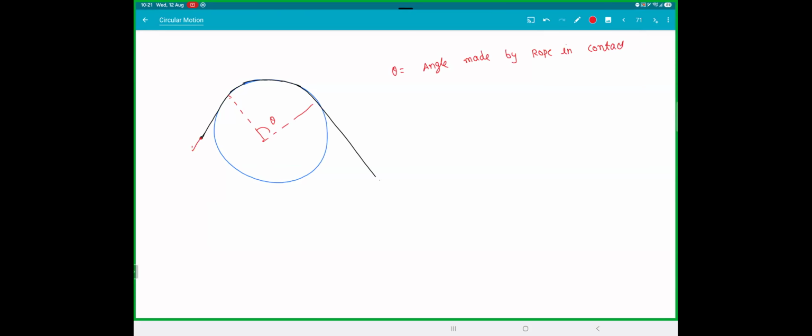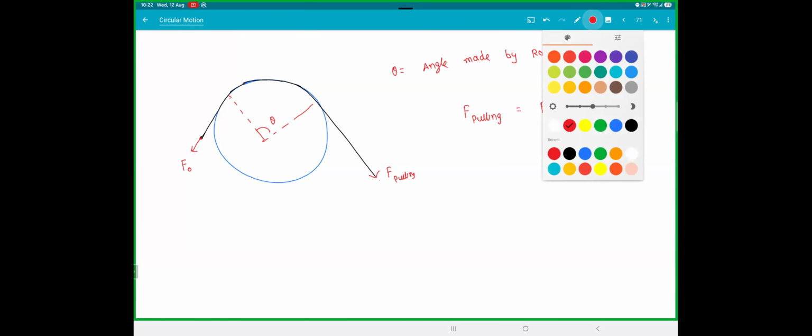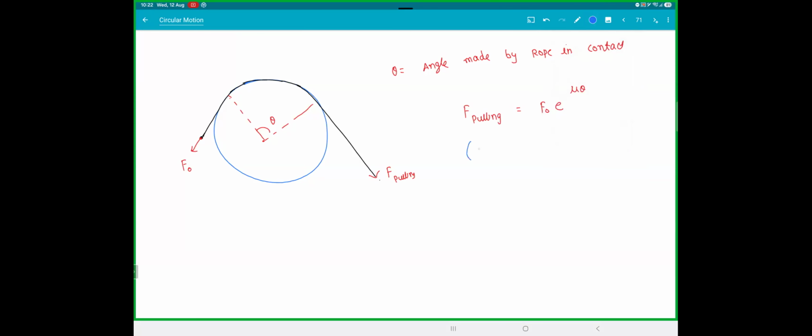And let's say if you're applying some F naught, and if you are applying here some F. So if you're trying to pull this and you're trying to balance F naught there, this F pulling force must be equal to F naught into e power mu theta. So you need to apply this much force in order to move the rope. This is the minimum force required to move the rope.